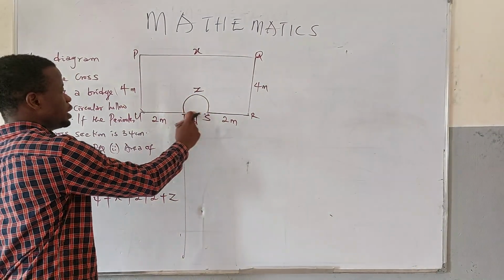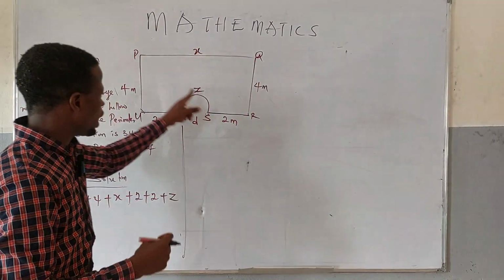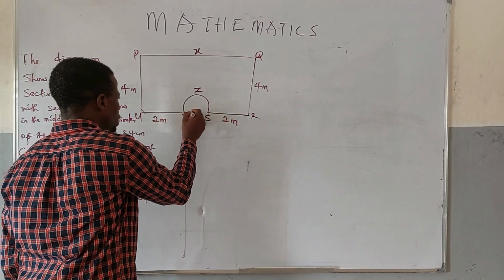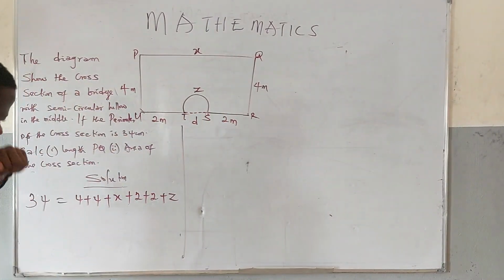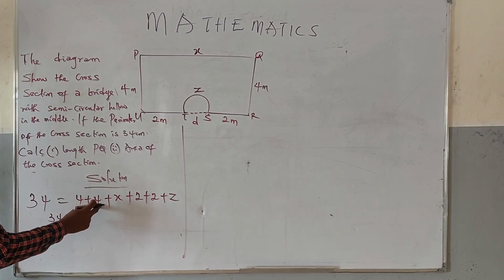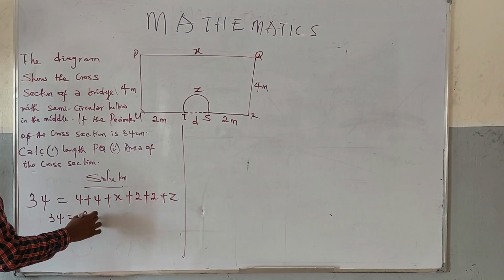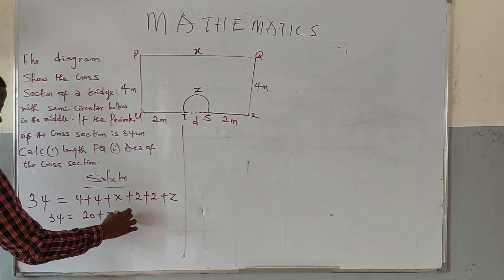We don't have this side in the shape, so we need to add that side. So all these given sides, that's what we're adding. I'm just trying to tell you that this is the diameter, right? So if you do that, that means 34 equals 16 plus this, that is 20 plus x plus z.